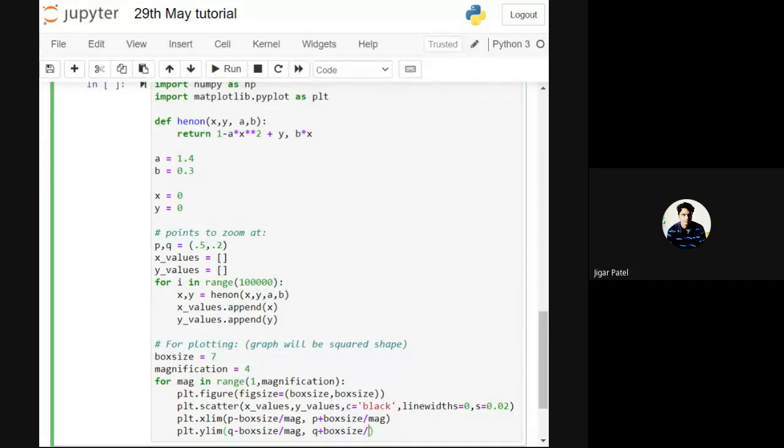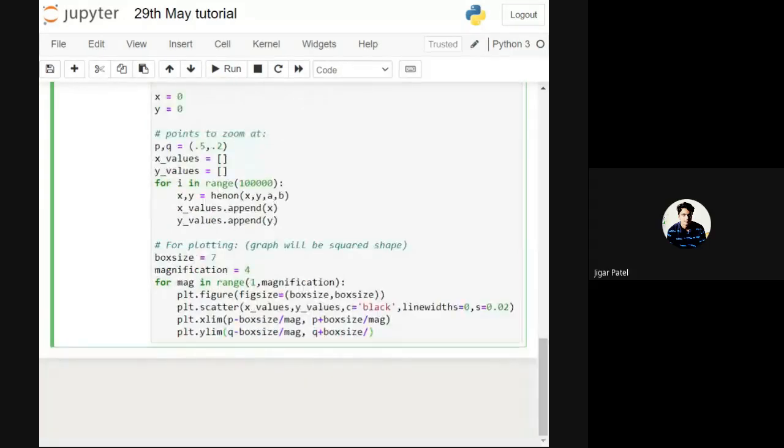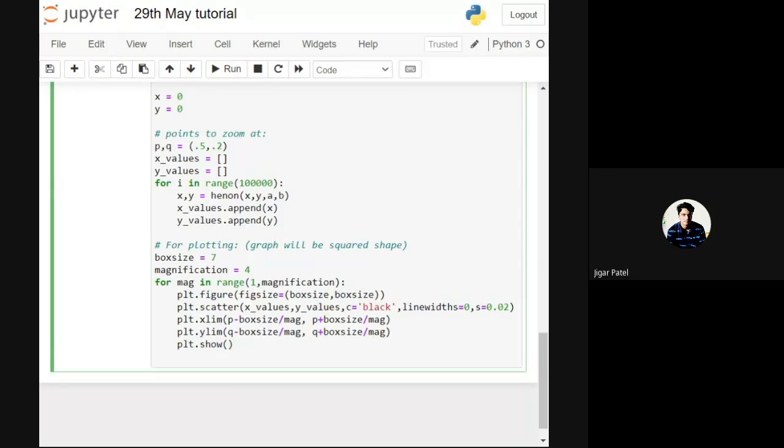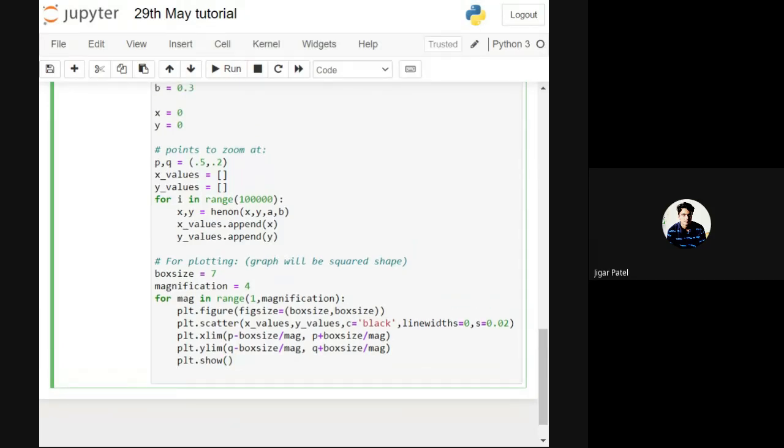Right, so I'm just making this quick code for magnification. I'll explain this once I see if this is better or not. You can quickly explain what you have done, that box size and so on.